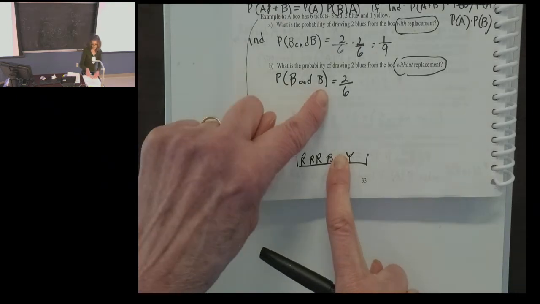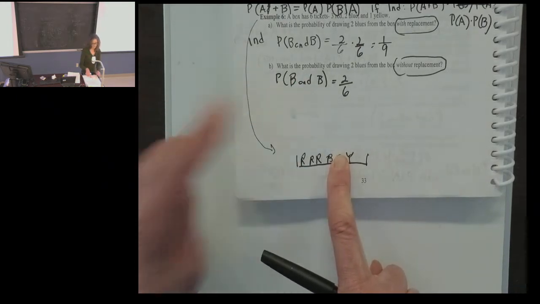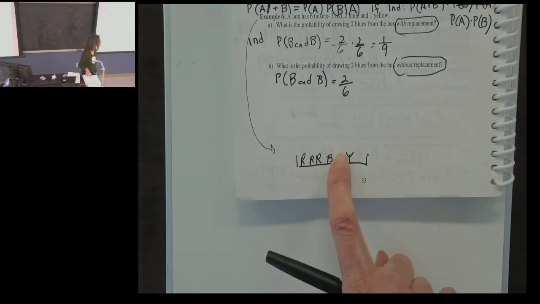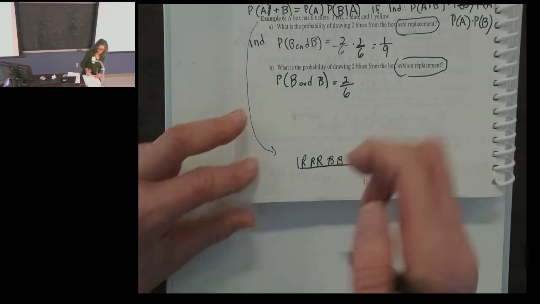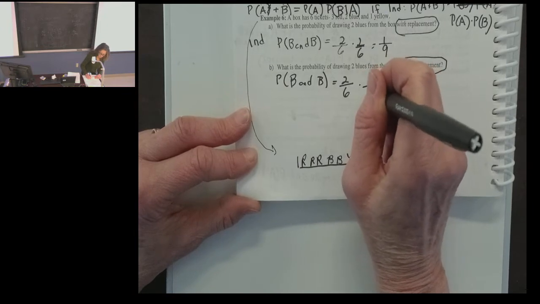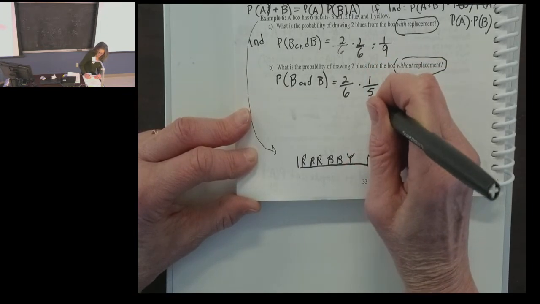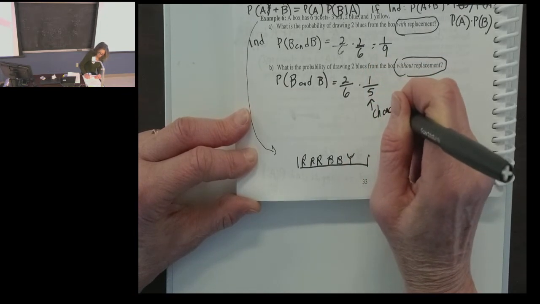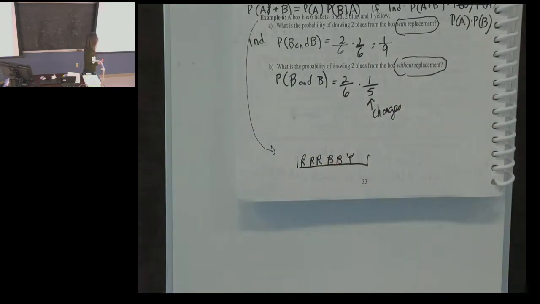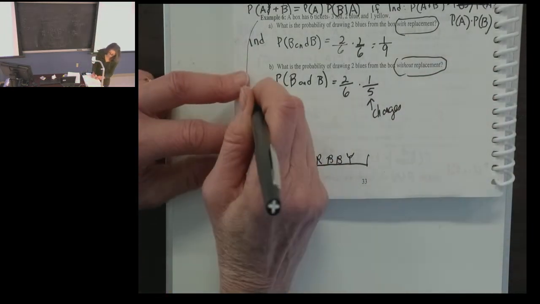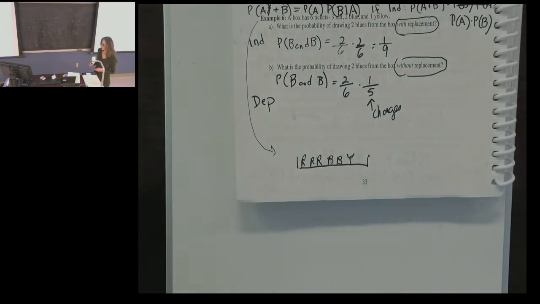It's not 2 out of 6, because these events are dependent, getting a blue in the first and getting a blue in the second. So now there's only 5 tickets left, and there's only 1 blue left. So this one changes depending on what happened in the first one. So these are dependent events, the first and the second draw. Any questions on that so far? Okay.